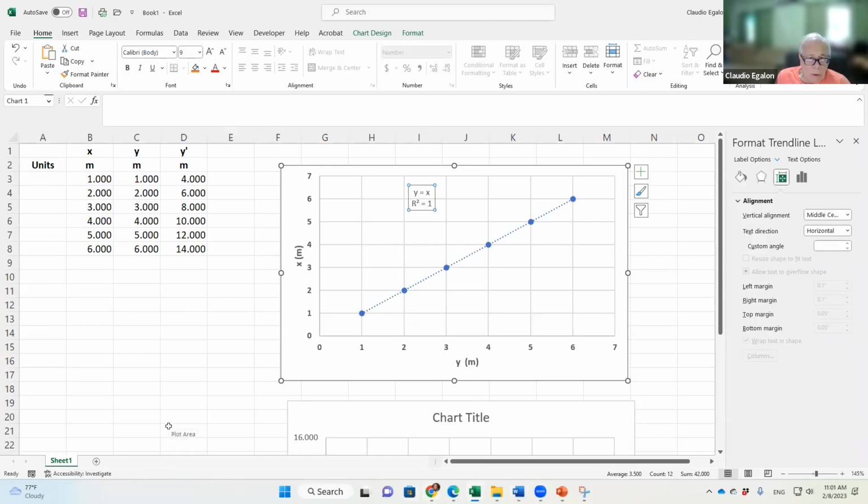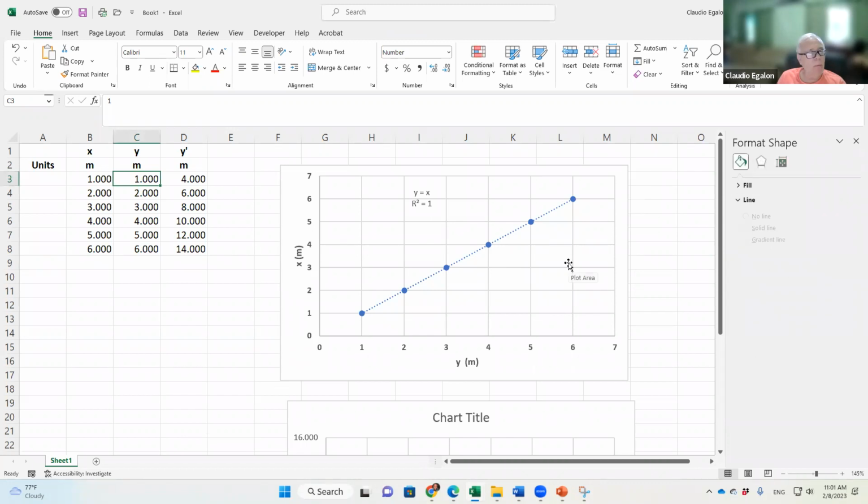Let me show you what real life data looks like, okay? This is not real life data. This one I'm just making up. It's an equation that is exact, it has an exact mathematical behavior, y equal to x. But in real life, you do not get exactly 1.0. You get something like 0.9, you know.